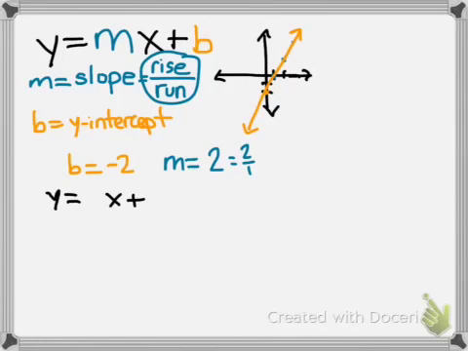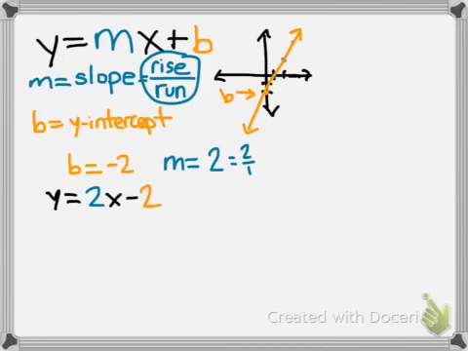And so what is our slope again? Our slope was 2. So we've got y equals 2x plus b, which is our intercept, and it's what's going on right there. That's our y-intercept. So it's happening at -2. So instead of having a plus sign, we're going to have a minus sign, since it's at -2.